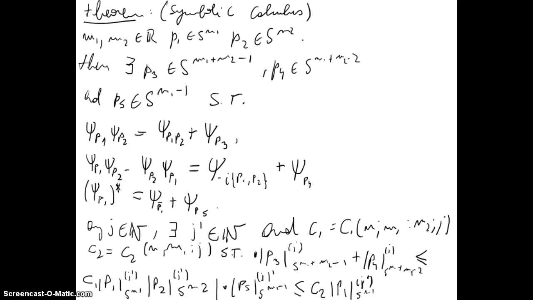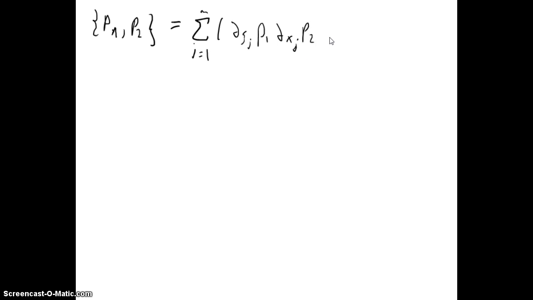And just to remember, the Poisson brackets are the sum, j equal to 1 to n, of ∂_{ξj}p1 ∂_{xj}p2 minus ∂_{xj}p1 ∂_{ξj}p2.